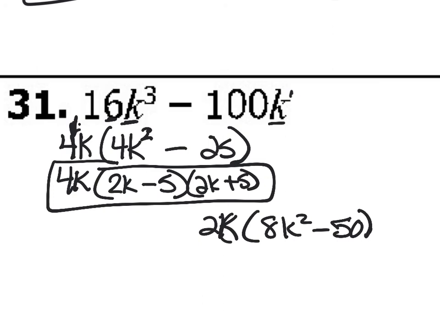Well, I'll say, uh-oh, 2 will go into 8 and 2 will go into 50, right? So that's common. So what I can do is, instead of redoing, just say 2 times 2, and that's 4k. So you're going to use 4k instead of 2k.